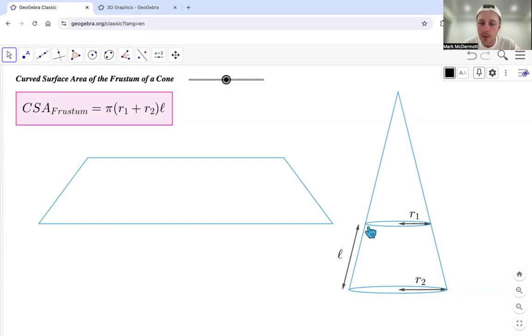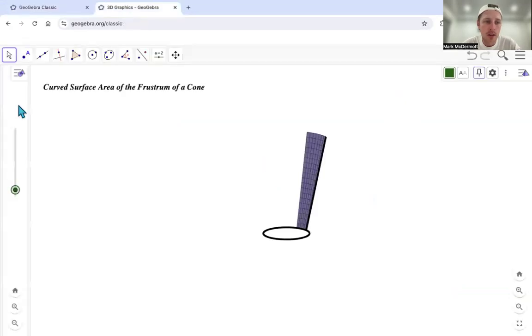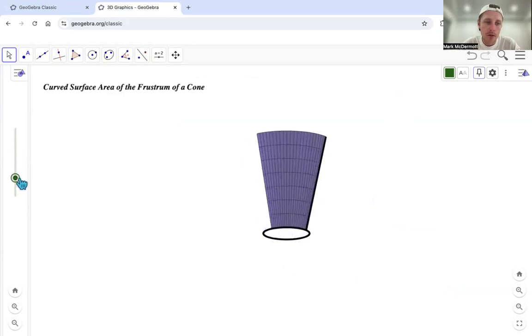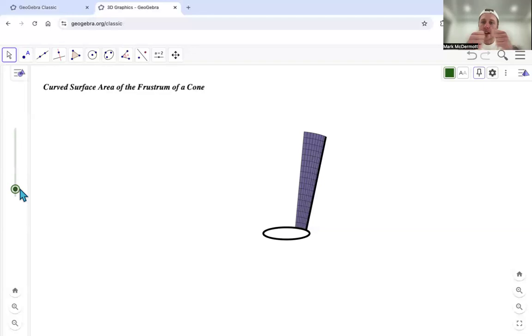If we were to unwrap that frustum, we need to realize that it's actually going to form a trapezoid or a trapezium. So if we come over here to explain things a little bit, if we have our slant height along here, and then we open that up, we can generate our frustum like this. And we've got a frustum of a cone here. But what we need to think about is if this was laid out flat.